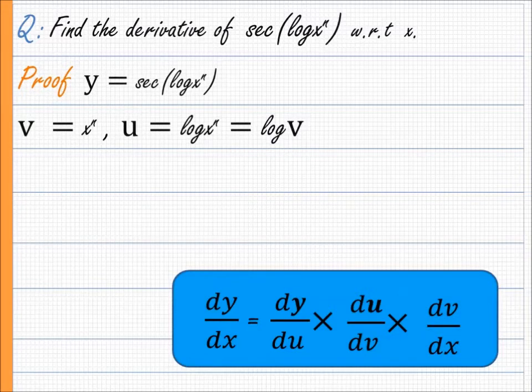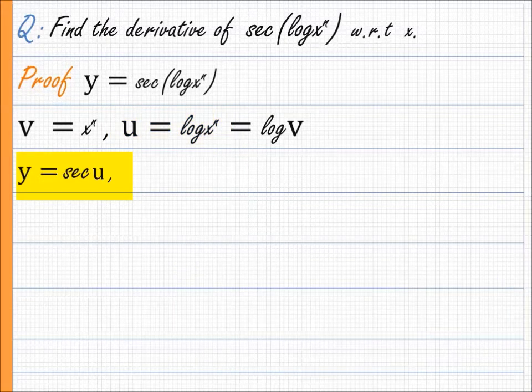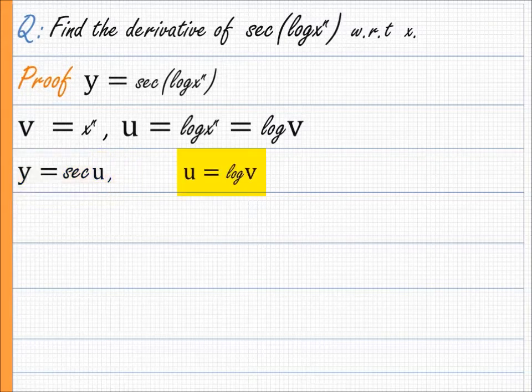Also in the first function, y is equal to secant of log of x raised to power n, but log of x raised to the power n is equal to u. So we can also write y as y equal to secant of u. So now y is equal to secant of u, and u is equal to log of v, and v is equal to x raised to the power n.